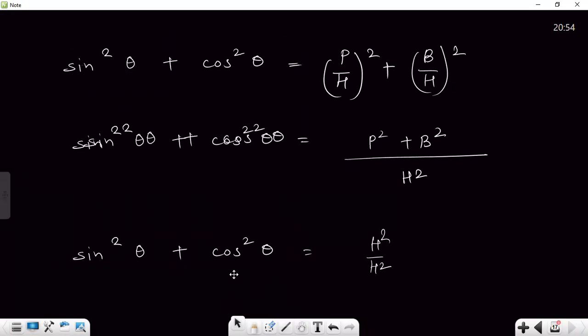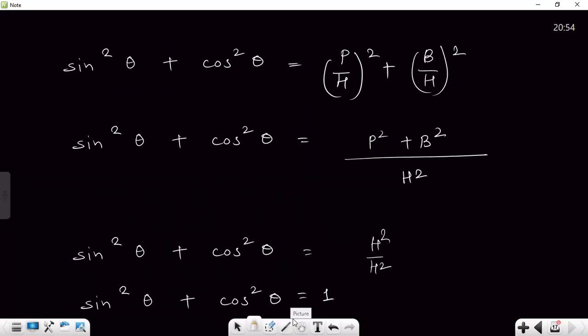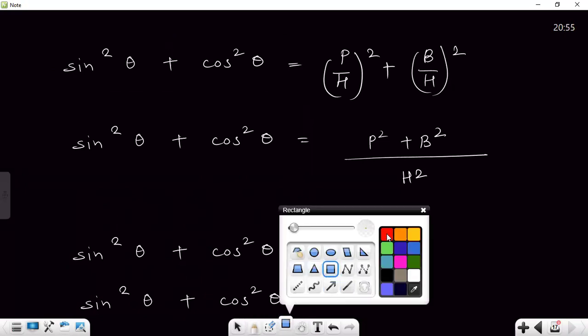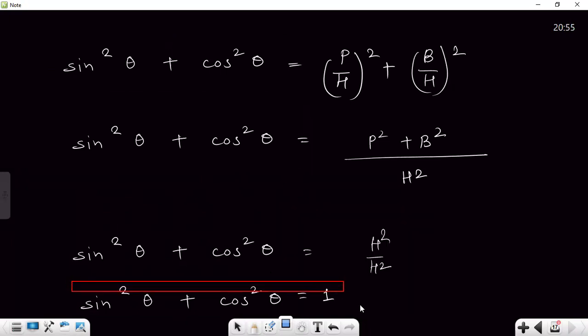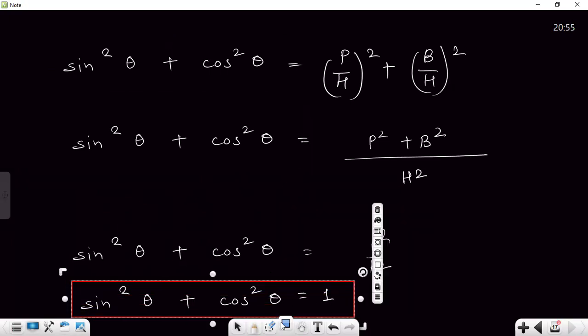Further it becomes 1, which is your identity taught in class 10th. This is how it is derived. Clear? Yes or no? Yes, sir.